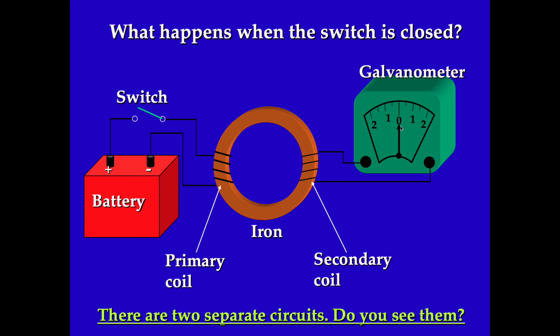Those two circuits are completely isolated from each other, and I still can get an electric field that goes through here. So what does that tell you about the electric field? Yeah, that's a simple transformer. The electric field is going to be there whether I have the wire there or not.